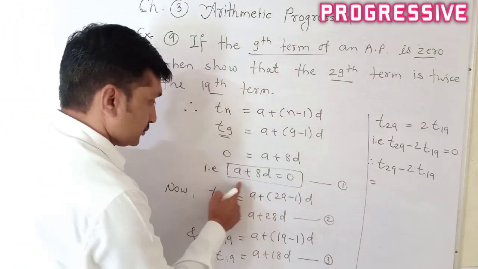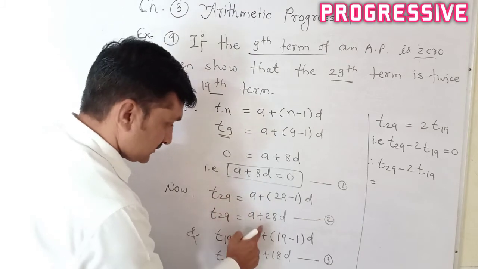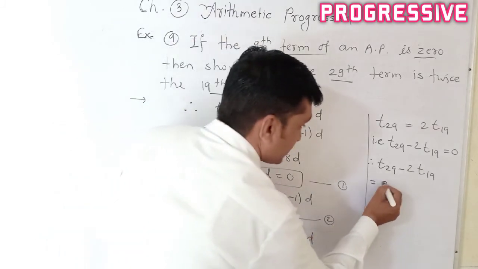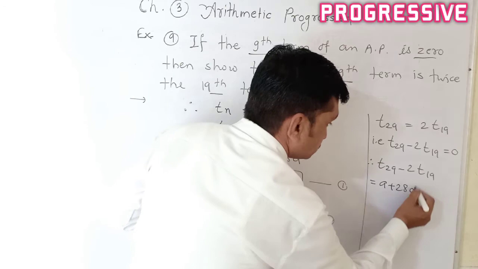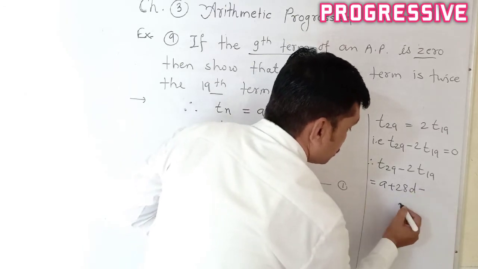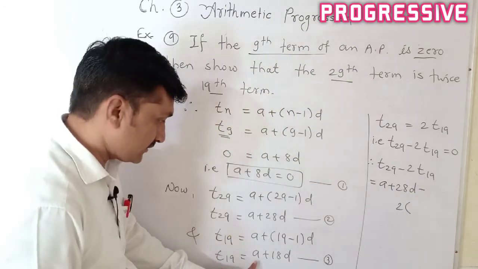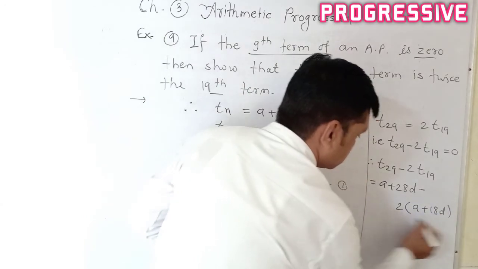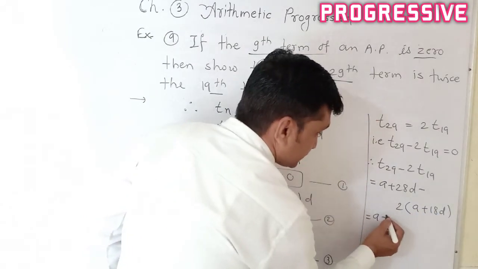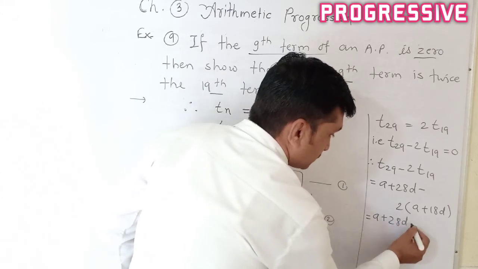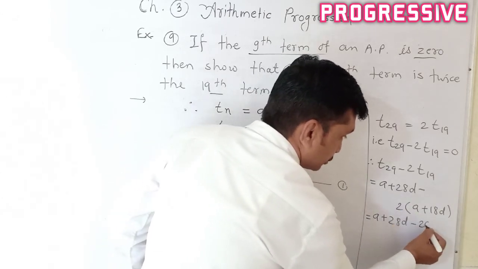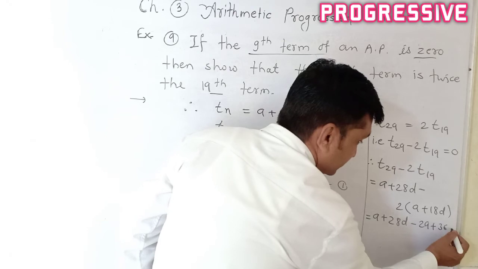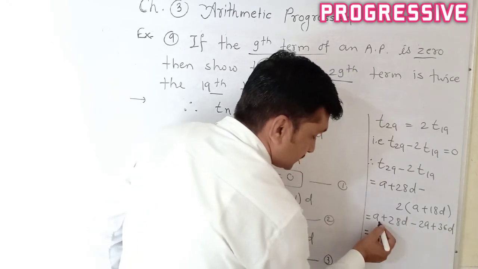T29 is here now. T29, where is it? Second: a plus 28d minus 2 in bracket, the third, a plus 18d, is equal to a plus 28d minus, multiplying by 2, 2a plus 36d. Let's solve this.